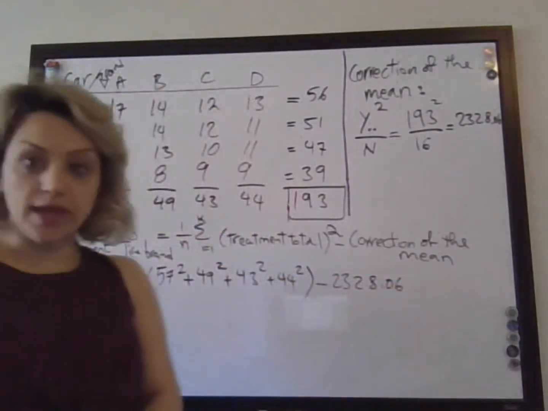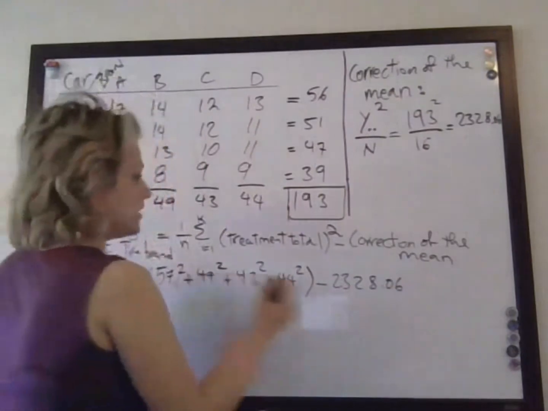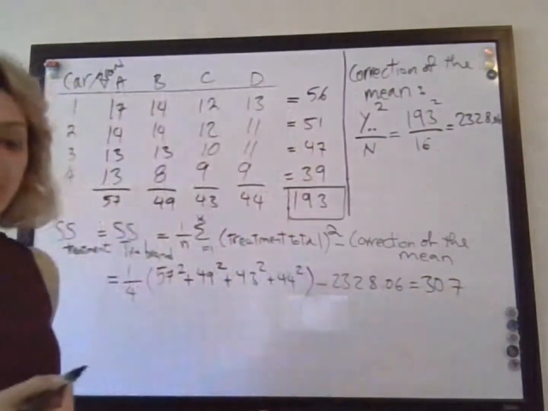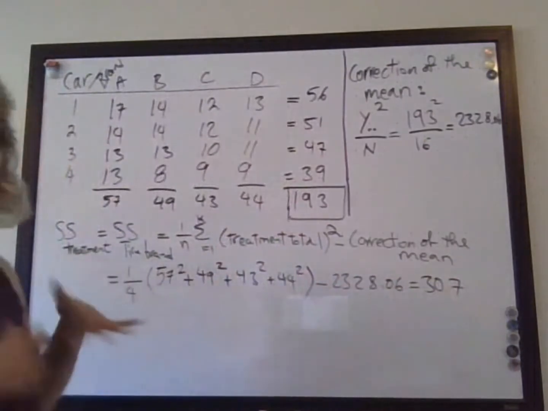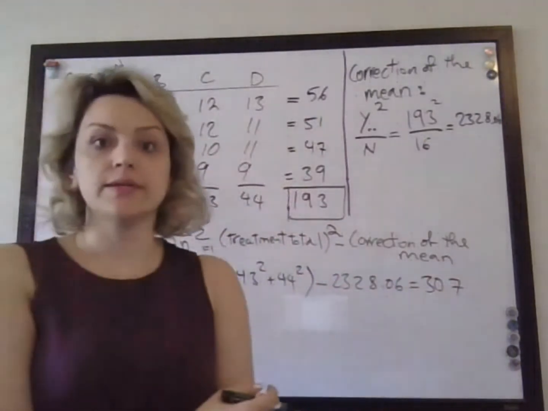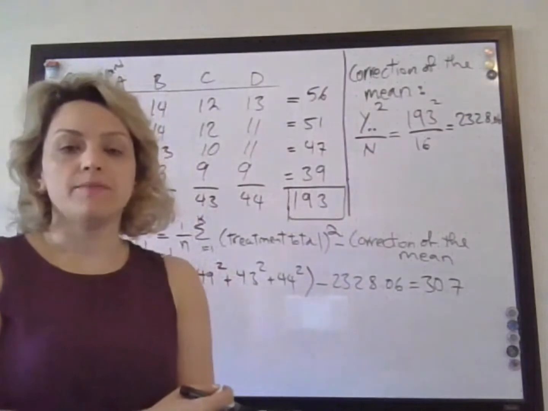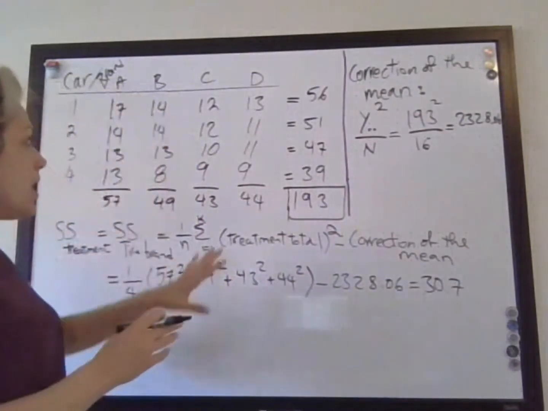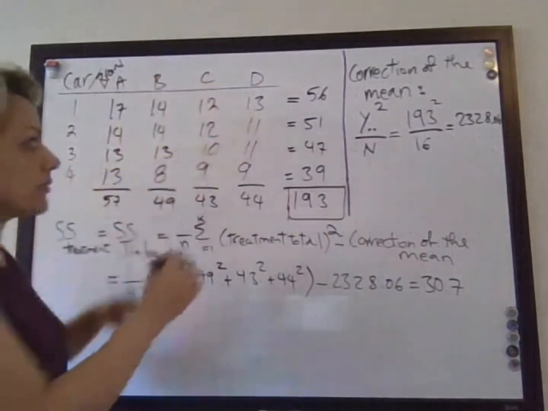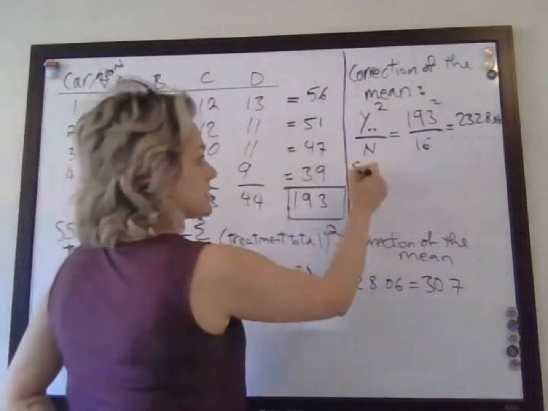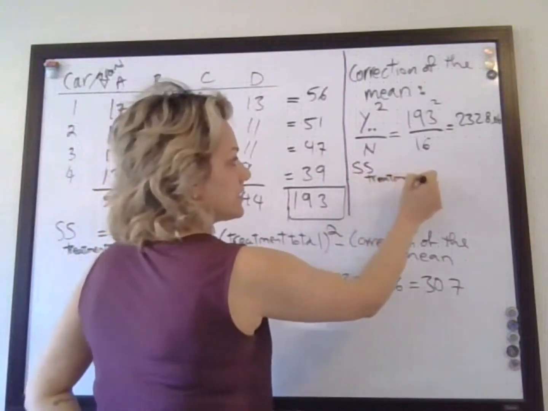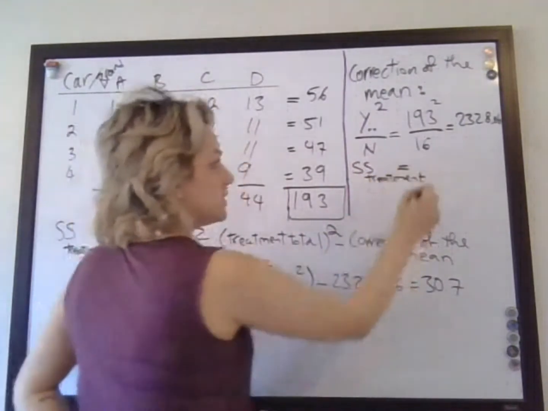When we do the calculation, we find it's 30.7. This is how we find the sum of the squares of the treatments, or of the tire brands that we have. I'm going to write it down here: the sum of squares of the treatment, we found it 30.7.